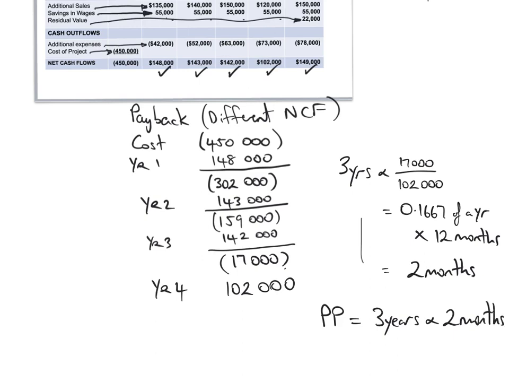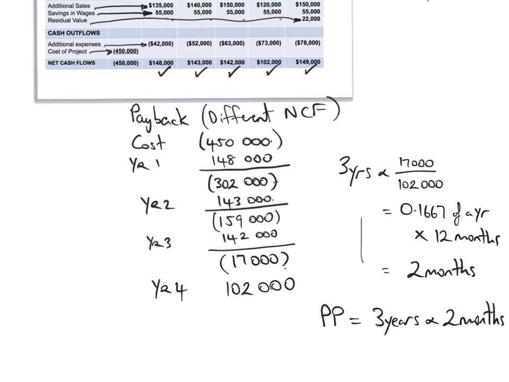So I just want to go through this very briefly because it looks complex, but it's actually quite straightforward. Remember, we started off with $450,000 as the cost of our project, and every year it starts paying for itself. So in year one, it pays $148,000, so we're down to $302. In year two, we're generating another $143. In year three, another $142.